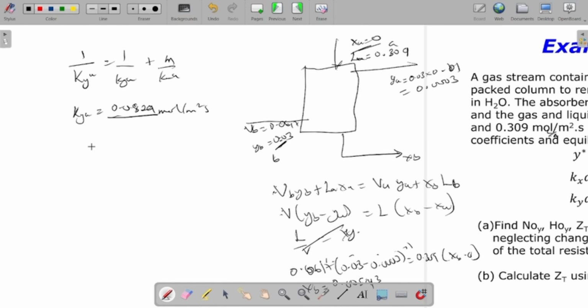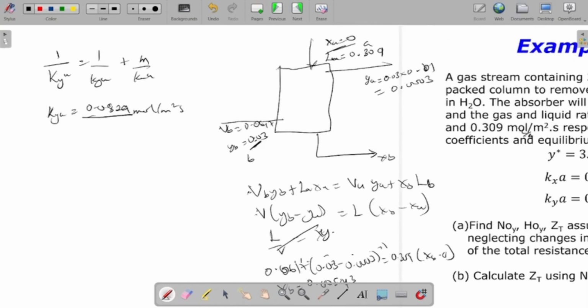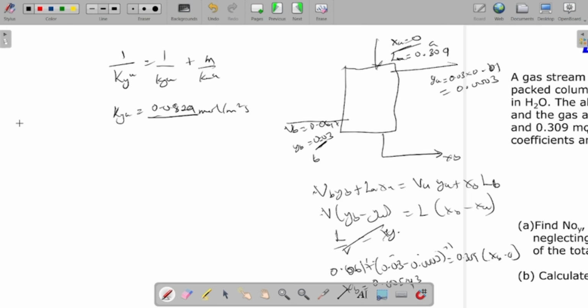And you see, they told us to find what percentage of the total resistance is in the gas phase. So if I want the percentage in the gas phase, that becomes the small KY divided by the total resistance. The total resistance is 1 over the one due to the gas phase plus the one due to the liquid phase, then times 100%.